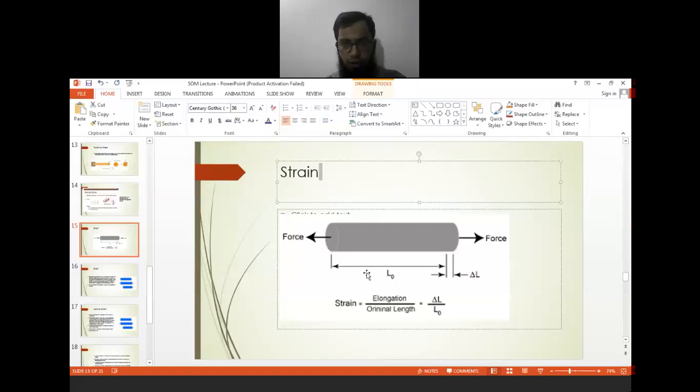Suppose this is a rod or prismatic bar. Force P is applied. Due to this force, there will be a certain change in length.